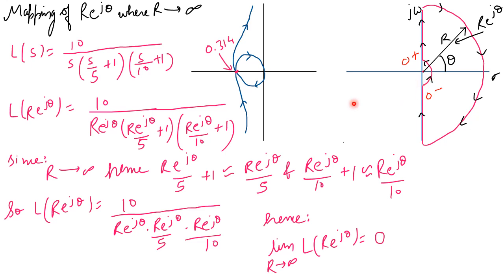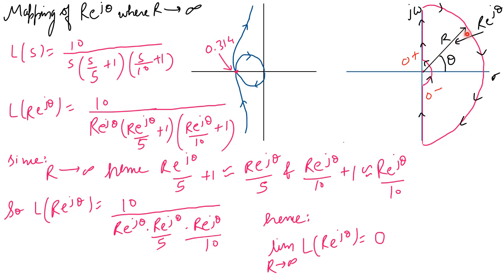Now we will try to map our s equals r e power j theta as r tends to infinity. Any point on this path, on this contour, has r that is going to be very large.